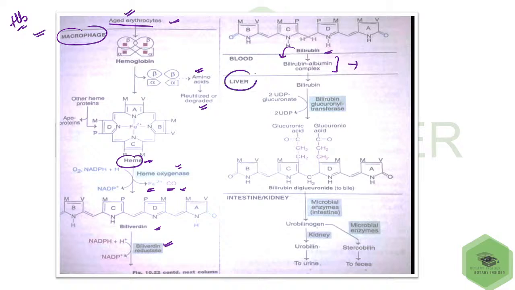So in the liver, bilirubin is converted, with the help of bilirubin glucuronyl transferase, into bilirubin diglucuronide. Then in the intestine, finally, this bilirubinogen, if it is in the kidney, will convert into urobilin and finally be released from the body in the urine.